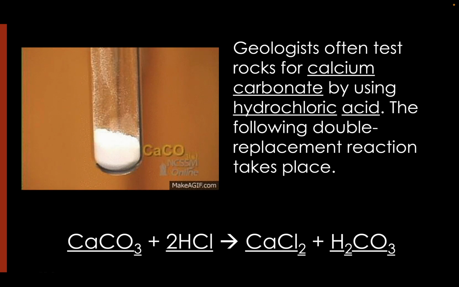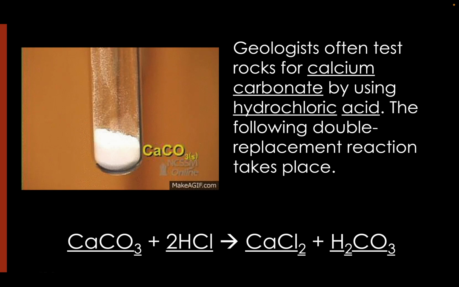So again, this one gets a little bit complicated, and you need to remember when we talked about polyatomic ions, okay, CO3 is our ion, and in this case, CO3 in CaCO3, that's the carbonate, gets replaced by Cl. So instead of CaCO3, the CO3 gets swapped out, and Cl2 gets swapped in. So that's the first replacement.